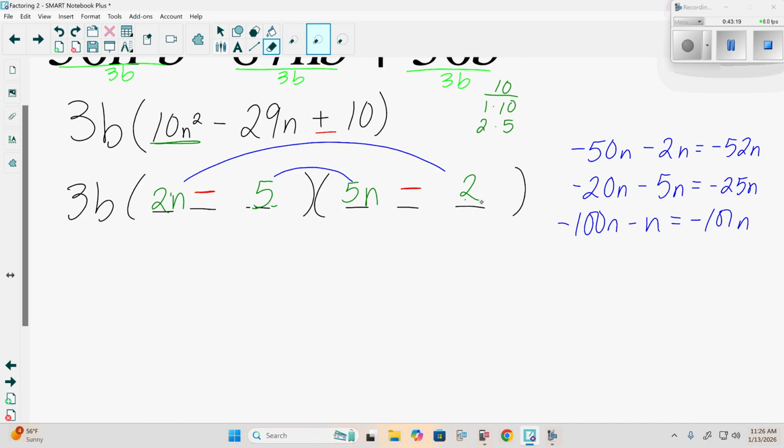And my only choice I really have is going to be this here. 2n times negative 2 is negative 4n. Negative 5 times 5n is negative 25n, giving us negative 29n, which is the middle term we wanted. And that's it. On your way out, grab a worksheet.